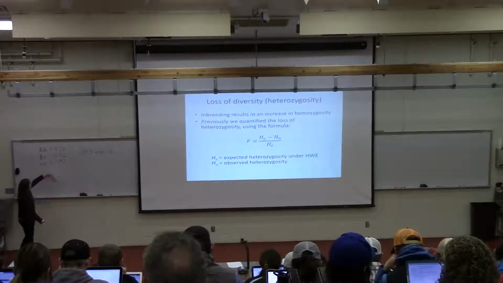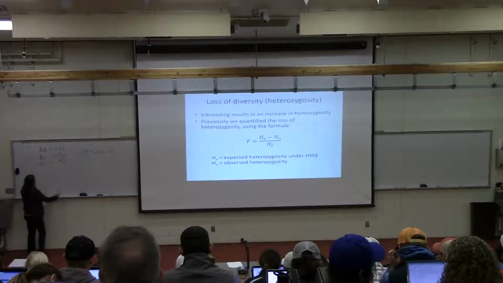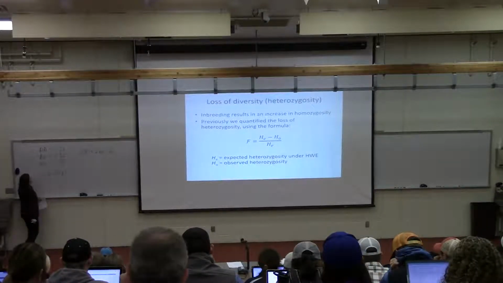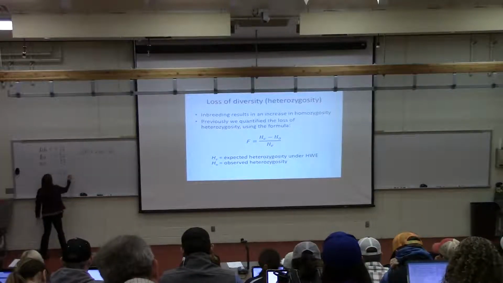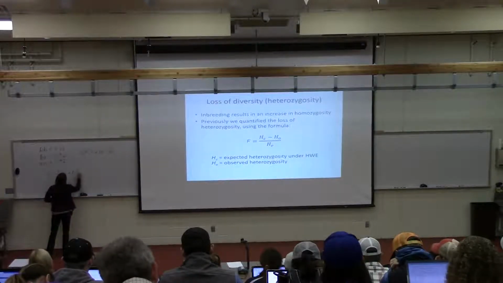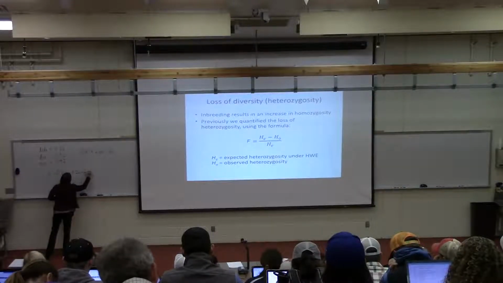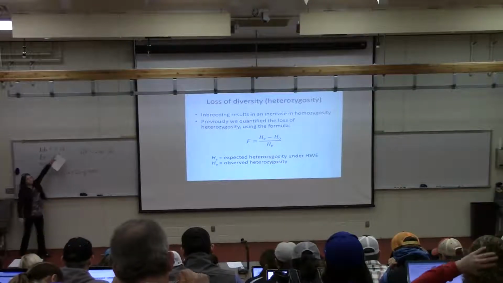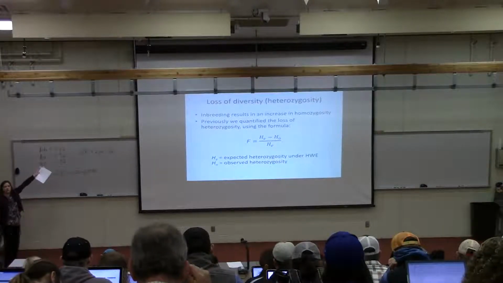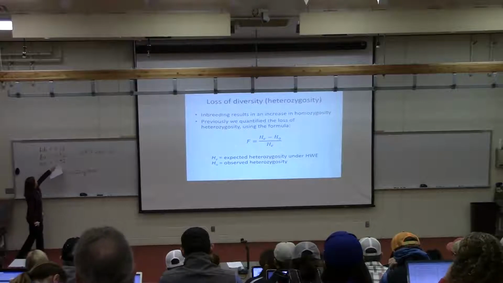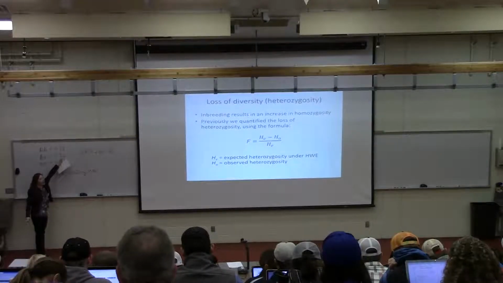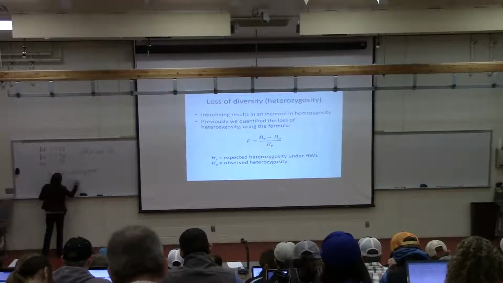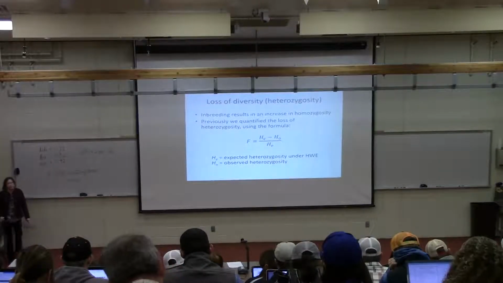So to do that, we need to first find P and Q. This is going back to a couple months ago, right? So if I need to find P, my P is the frequency of the big A allele. So that's going to equal 0.22 plus 1/2 of 0.36, right? So 0.22 is our frequency of our homozygote. 0.36 is our frequency of our heterozygote, and they each only have one big A allele. So that's 0.4.